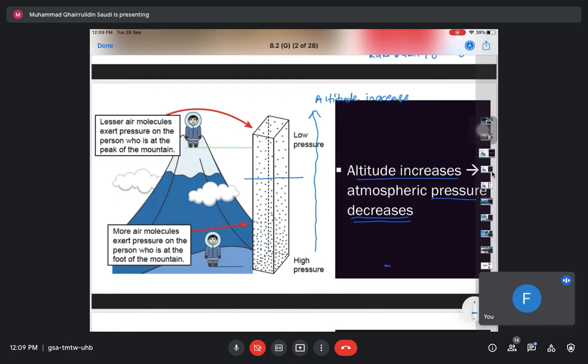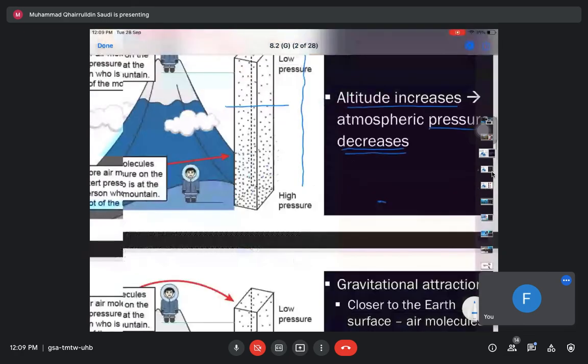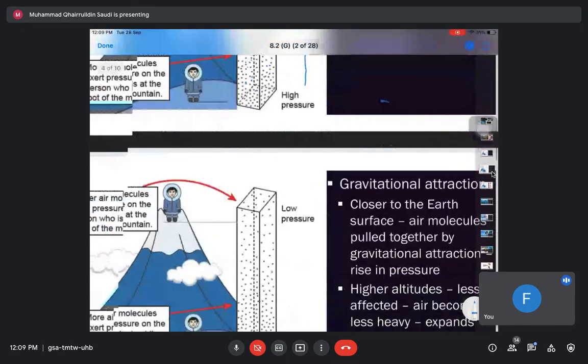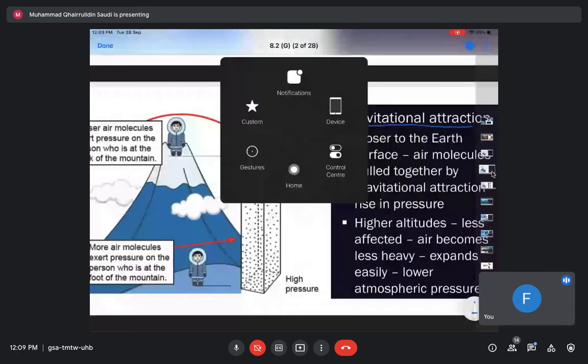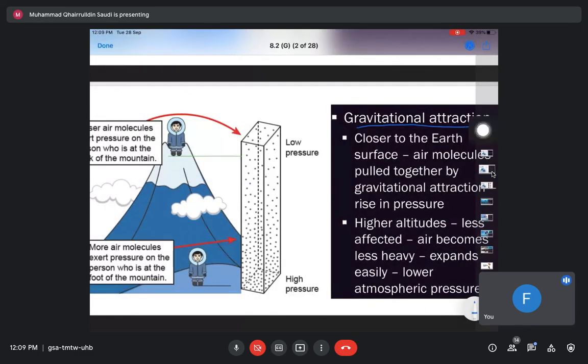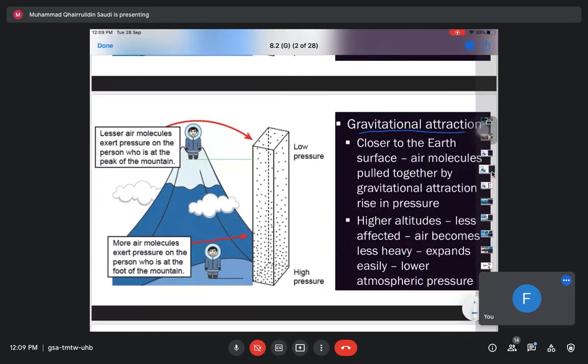Because of the gravitational pull. Because of the gravitational attraction. So gravity also attracts the air molecules. So that causes the air molecules to be more at the foot of the mountain compared to the peak of the mountain.